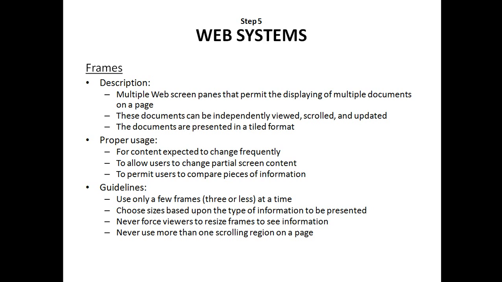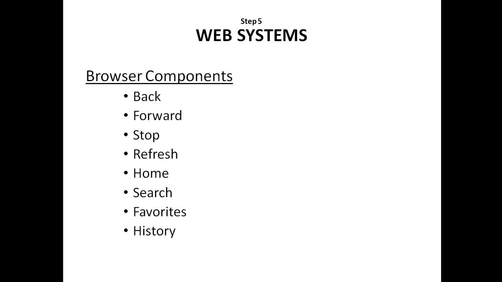Here we are going to discuss the web system. When it comes to the web system, your browser consists of components like a back button, forward button, stop, refresh, home, search, favorite, history, etc. The web system has limited windowing capabilities.